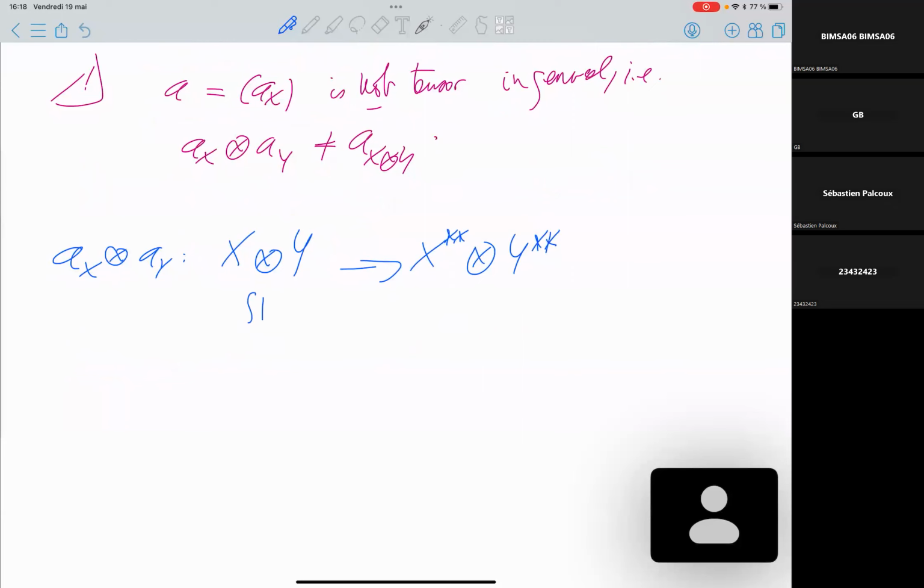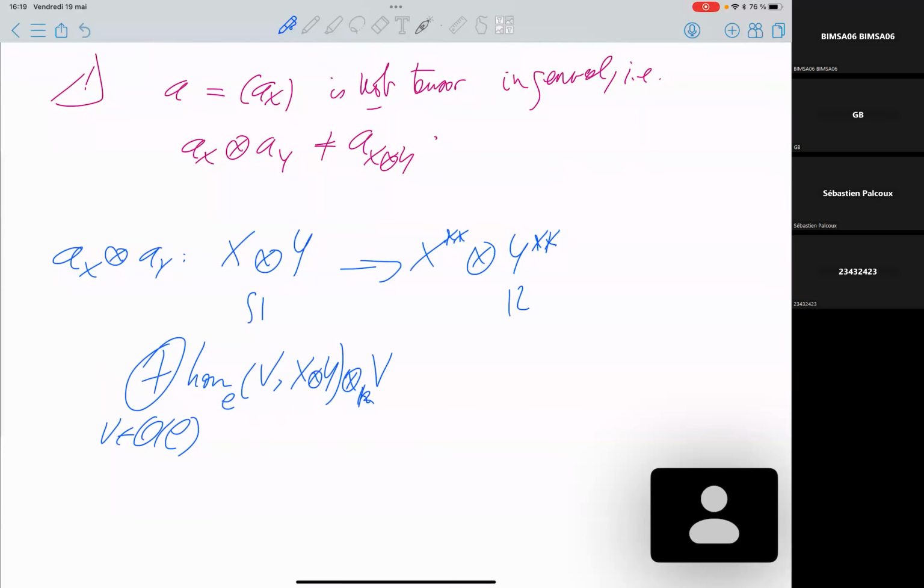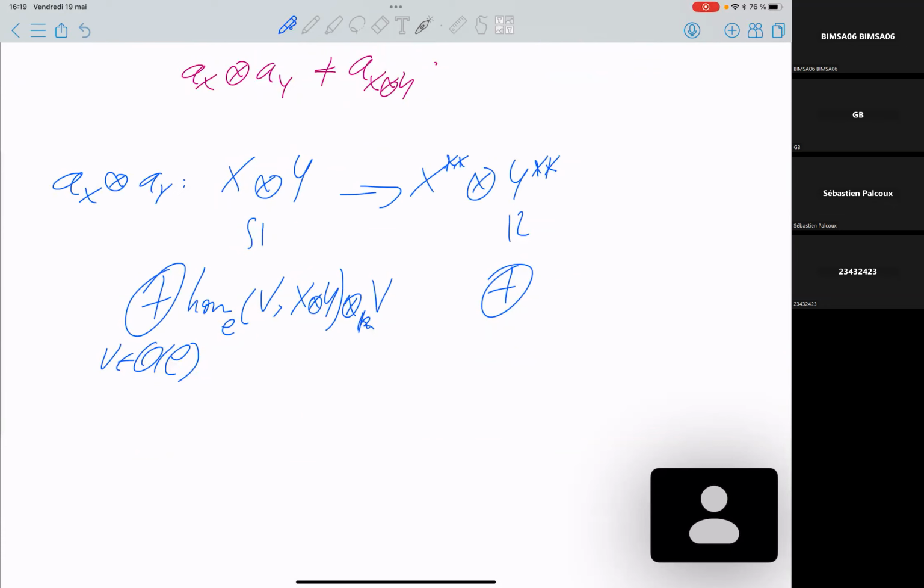This is isomorphic to the direct sum with multiplicities, over simple objects V, of the multiplicity space tensor V. We can write V double star, it's more convenient, but it's just a change of variable, there is nothing complicated here.